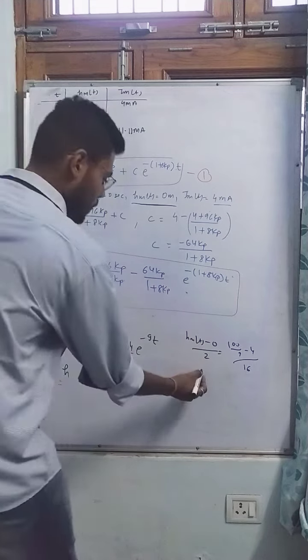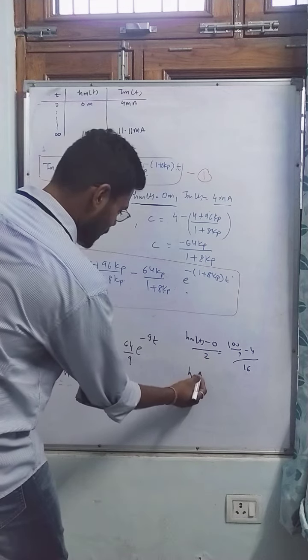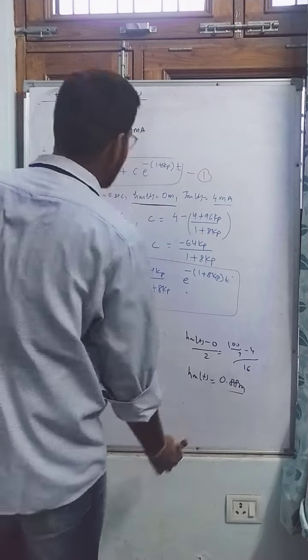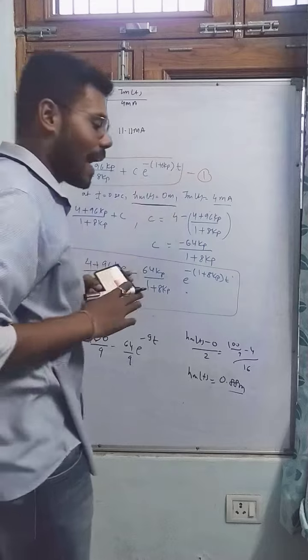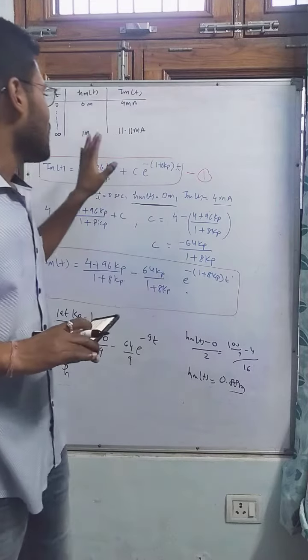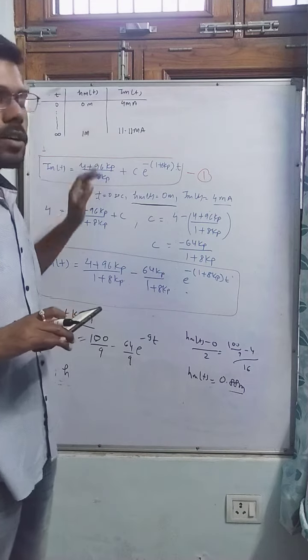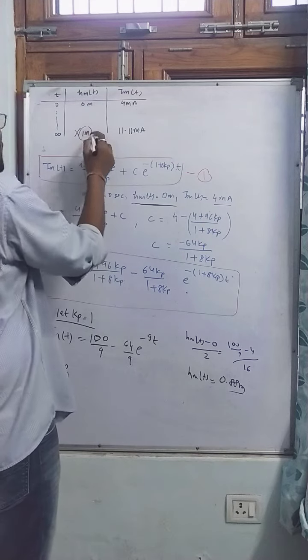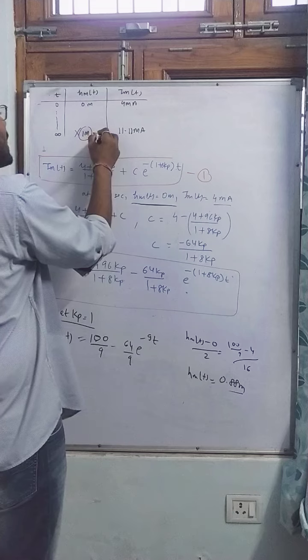You are getting HMT around 0.88 meter. Ideally at steady state we are considering it must reach the set point, that is 1 meter, but it is not reaching up to 1 meter, it is reaching only up to 0.88 meter.